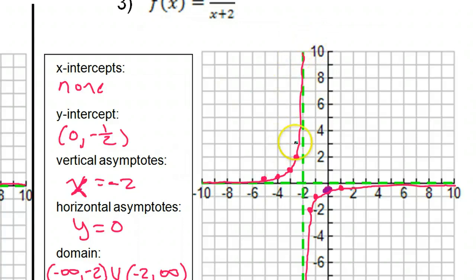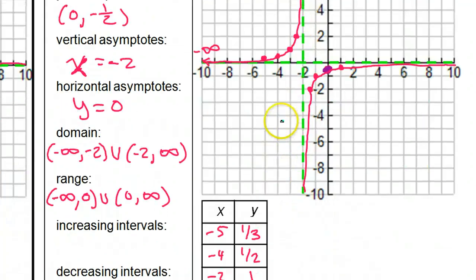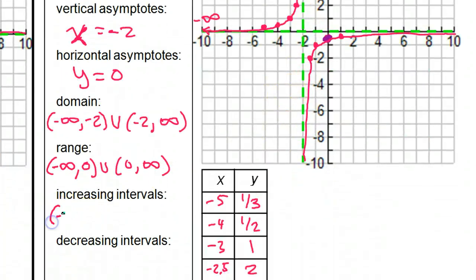But remember, we're only doing x values here, okay? The x value of this arrow is negative infinity. Now, the y value of this arrow is positive infinity. But what's the x value? That's right, the x value is negative 2. So, negative infinity to negative 2 x values. Negative infinity to negative 2.